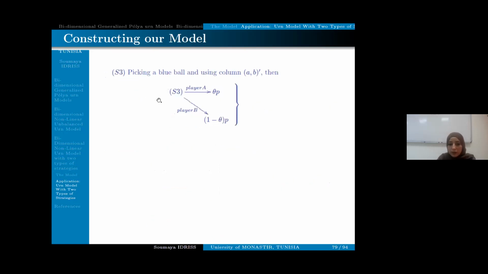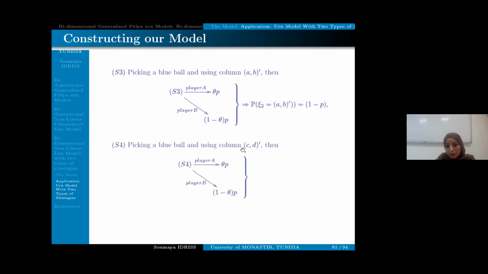With the same reasoning, we continue to present picking a blue ball and using the first column, or picking a blue ball and using the second column. We have that the means of the first and the second column are given by these quantities.